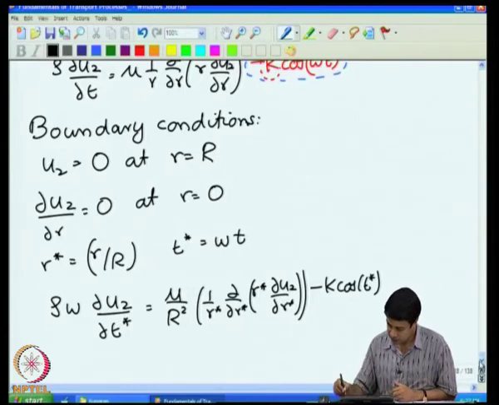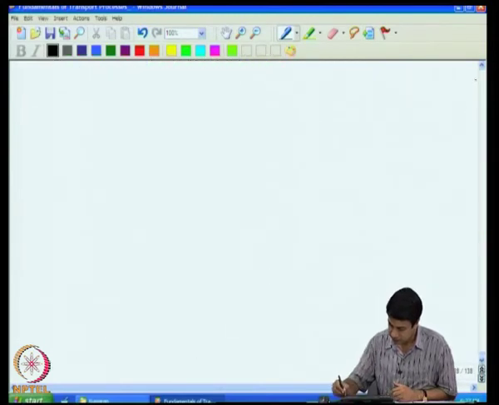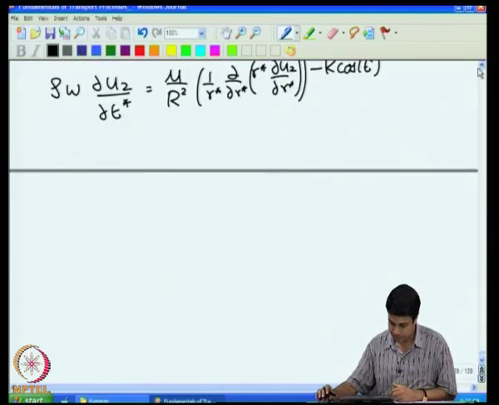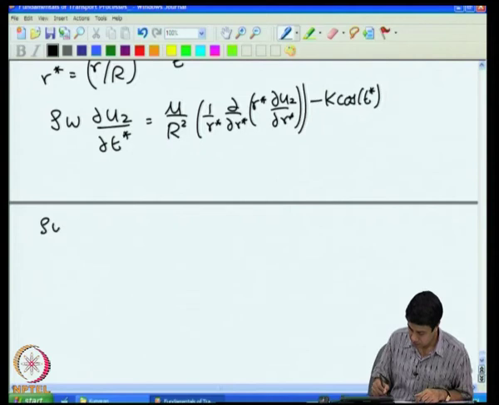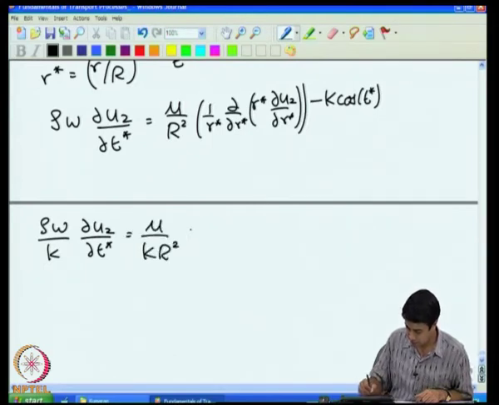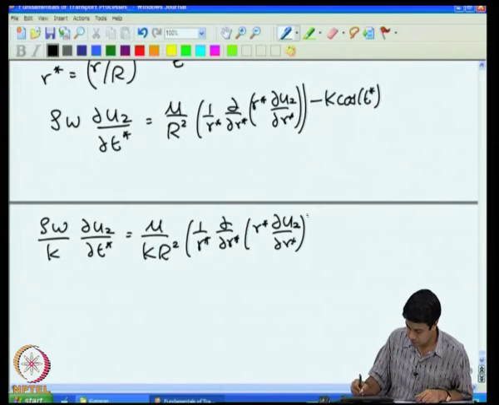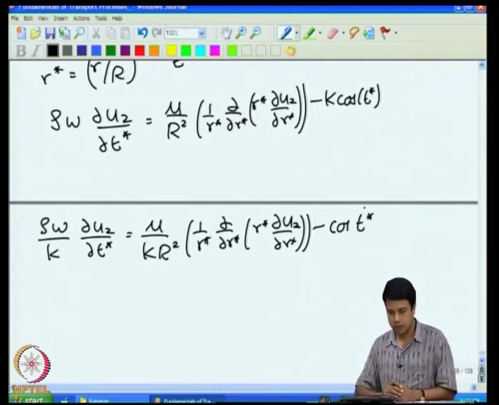So, I divide throughout by k, and I will get rho omega by k duz by dt star is equal to mu by k r square, minus cos of t star, divided throughout by k.